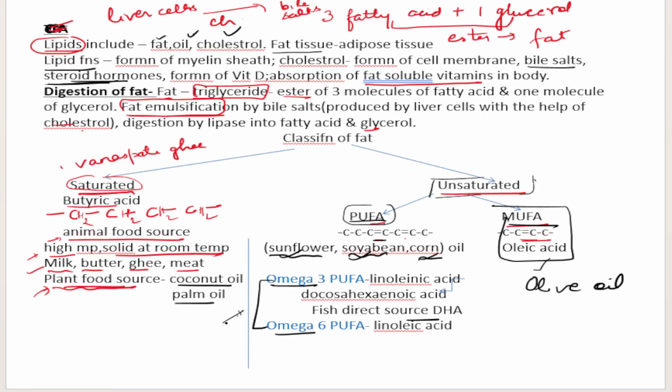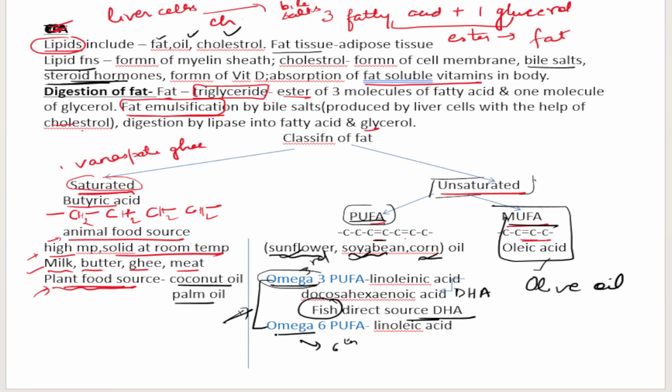These are essential fatty acids because they need to be obtained from an outside food source. In omega-3, the double bond starts from the third carbon atom. In omega-6, the double bond starts from the sixth carbon atom. An example of omega-3 is linolenic acid, which is converted by the body into DHA or docosahexaenoic acid, and fish is a direct source of DHA.